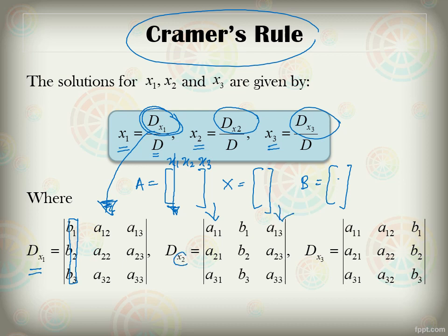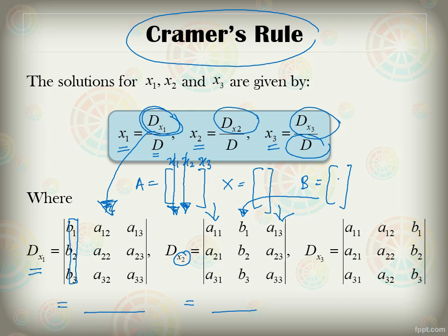Because you want to find the determinant of column x2, the whole element in x2 you delete and replace with B. And then proceed to calculate the determinant the same way as you calculate the determinant for matrix A.